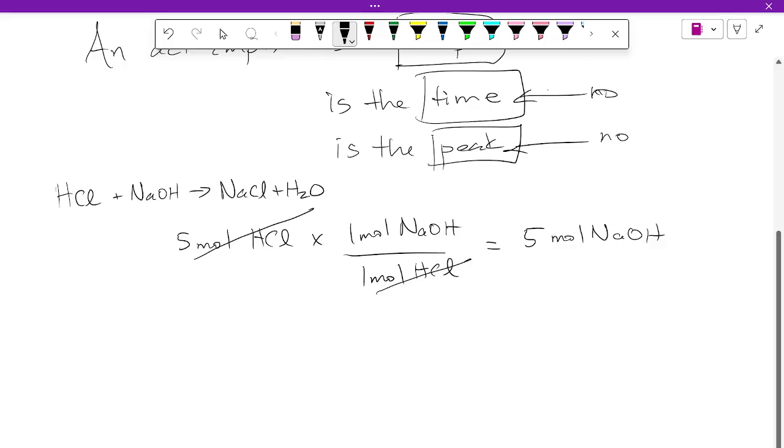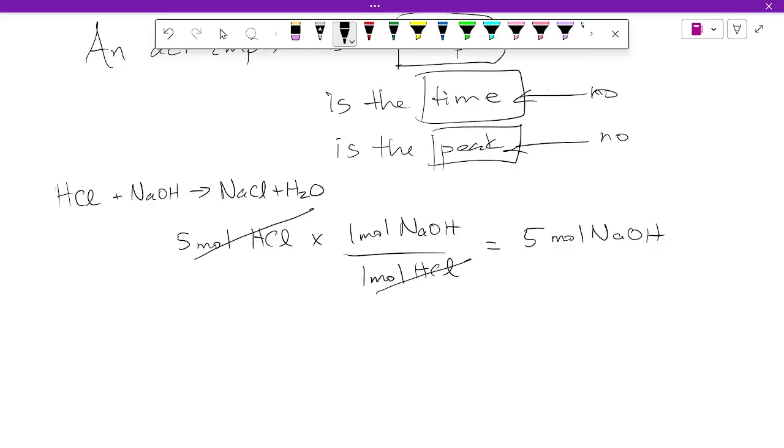Is it a true statement? What are we looking for? You've done a calculation here. Is this calculation correct? It is correct. I know what you all are looking at going, no, it's not correct, but it is correct.